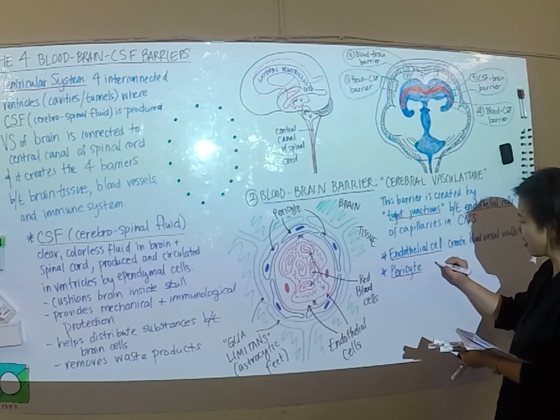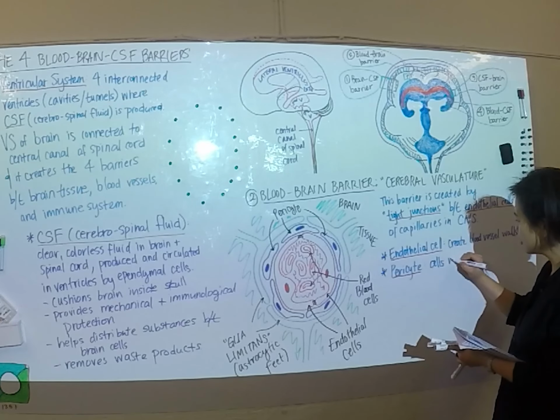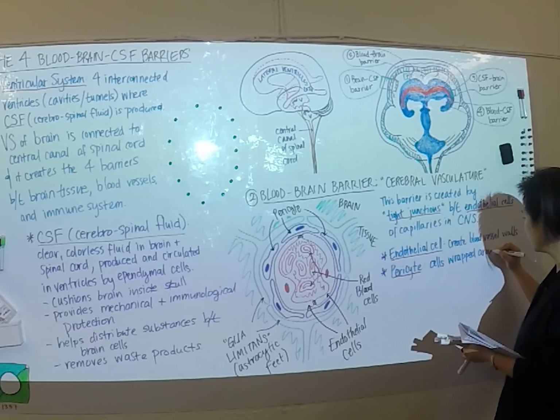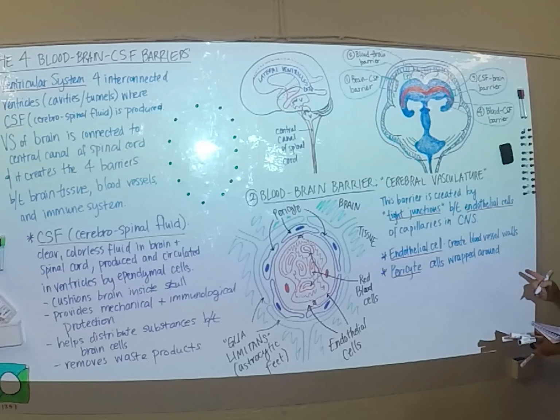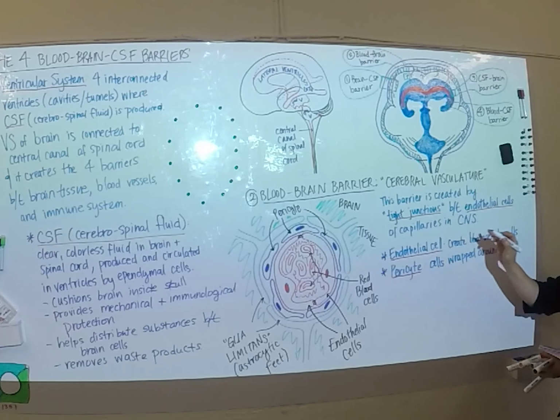So pericytes are cells wrapped around the endothelial cells, which I'm going to abbreviate right now as EC, the endothelial cells, okay?